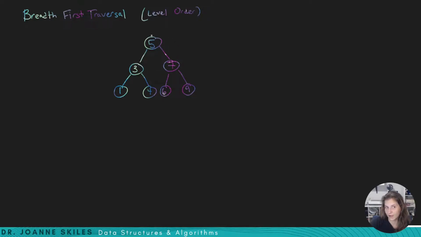So if we look at this tree, our level order printout would be 5, because we start with the root. Then we go to the next level, left to right, so it'd be 3 and then 7, and then we go to our next level and it's 1, 4, 6, 9.